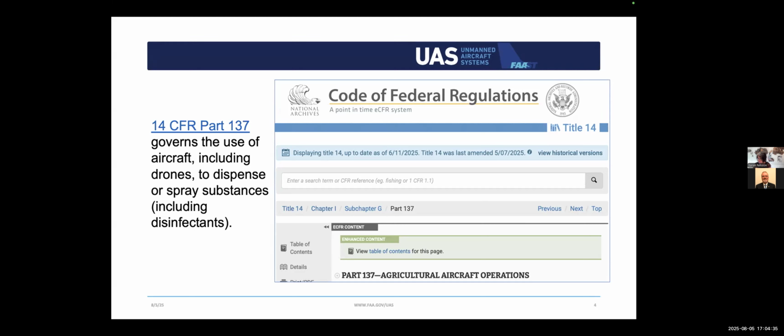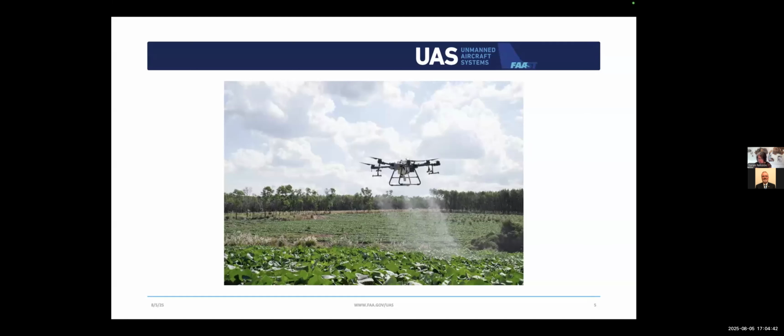Under Part 137, the following aircraft operations are considered agricultural by nature. Dispensing any economic poison as defined in Section 137.3. Dispensing any other substance intended for plant nourishment, soil treatment, propagation of plant life, or pest control.